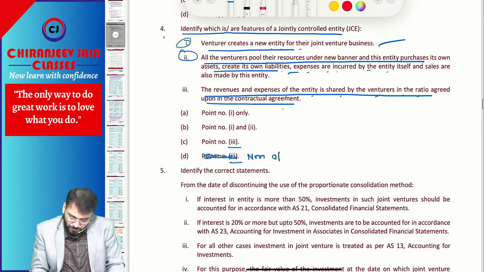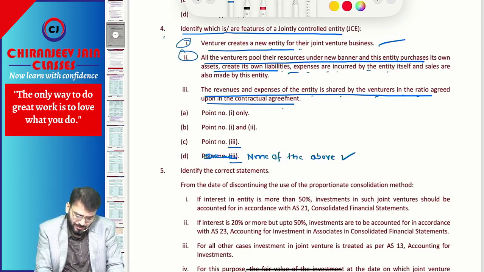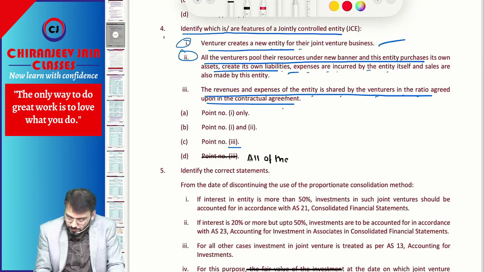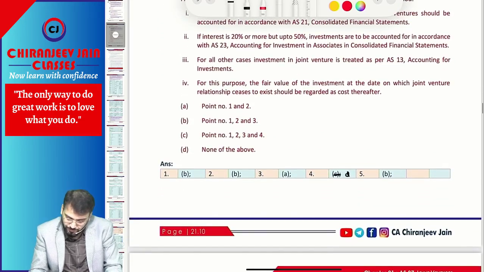Chalo, leave none of the above. None of the above is correct. Okay, means all of the above na. None of the above, not. All of the above. All the above should be correct na. None of the above is correct. Make it D.